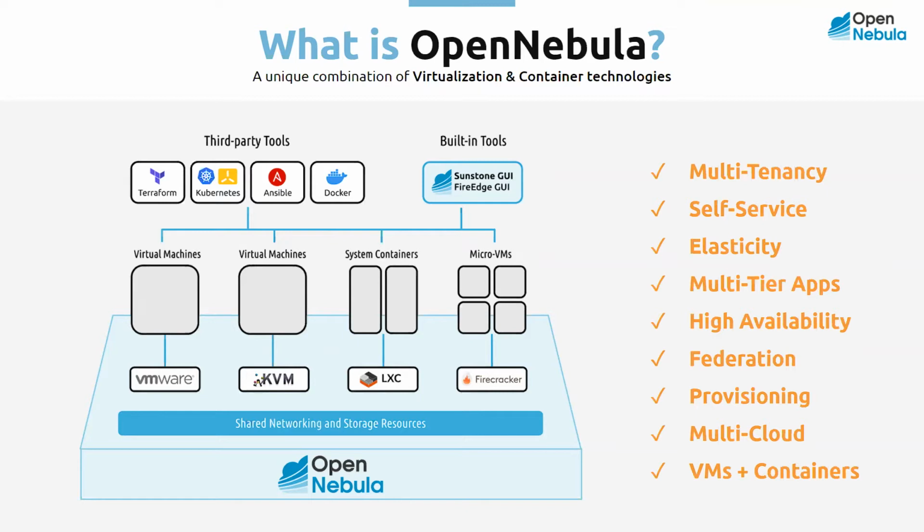All of these are managed by a single OpenNebula instance that has a Sunstone graphical user interface. We integrate with a lot of third-party tools as well. Just one example is Docker Hub. This allows you to download images directly from the Docker Hub repo and map the Docker container directly into a micro VM on our Firecracker virtualization.